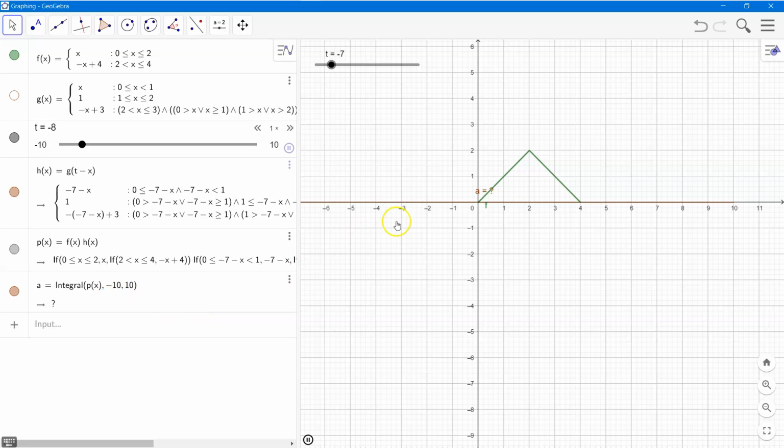So the process of finding this area under the curve, which gets generated by the sliding overlapping of these two functions, is called convolution.